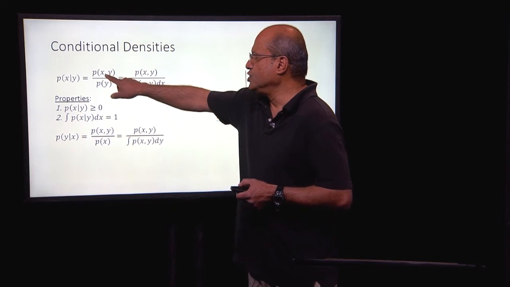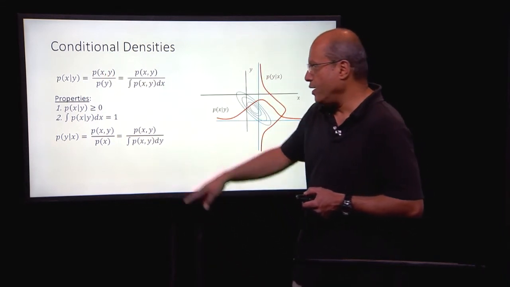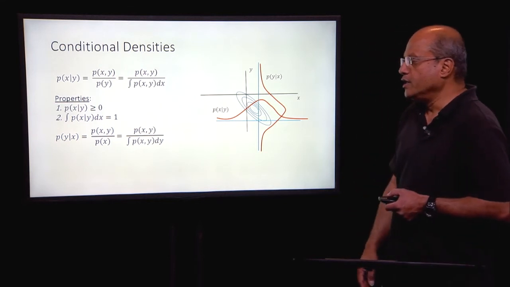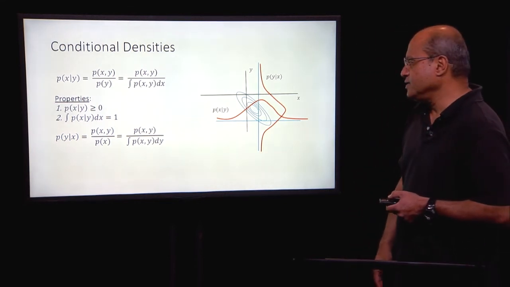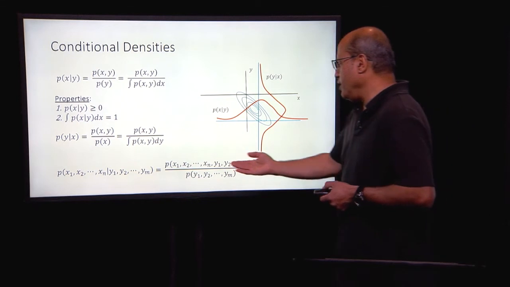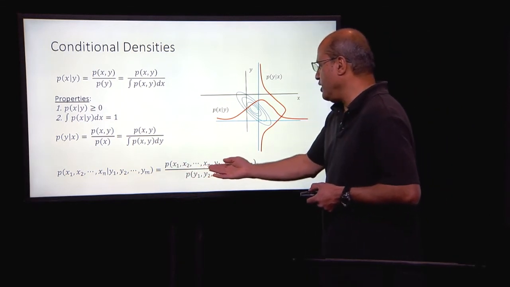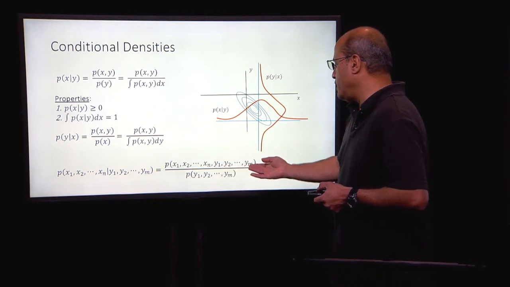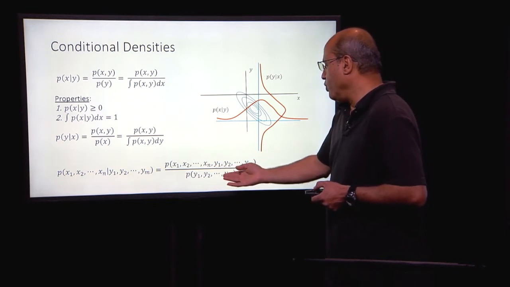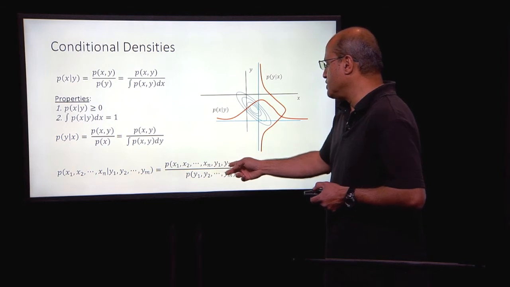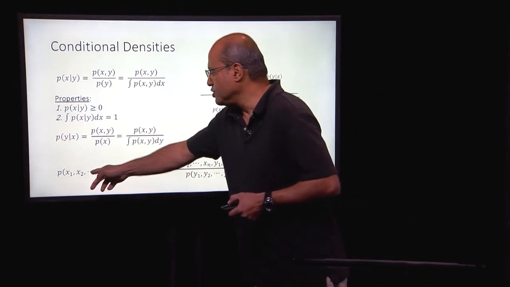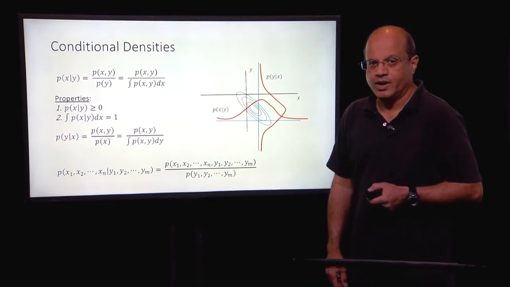You just exchange the roles of x and y, and you get analogous formulae for the conditional density of y given x. And more generally, if you have the joint density of a bunch of x's, x1 through xn, and a bunch of y's, y1 through ym, you divide this by the marginalized probability density of y1 through ym, and you get the conditional distribution of the x's given the y's.